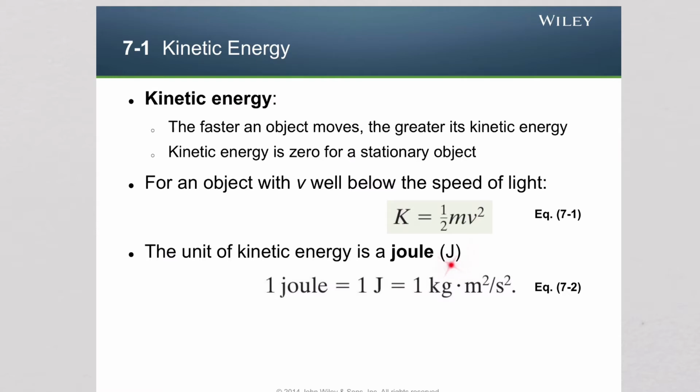From those units, you can see that when you're calculating the kinetic energy of an object, the mass of this object must always be converted into kilograms, and the velocity of the object must always be converted into meters per second. If you forget to do the conversions, then the value that you will get for the kinetic energy will be off, and it will not be in joules.